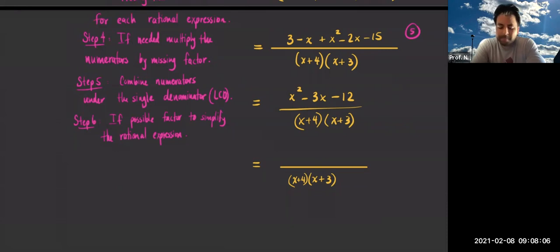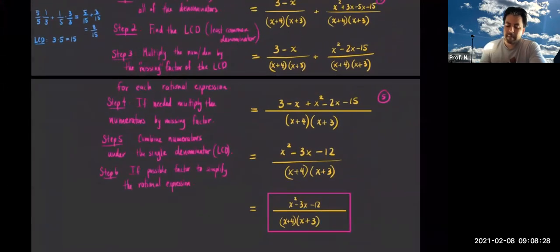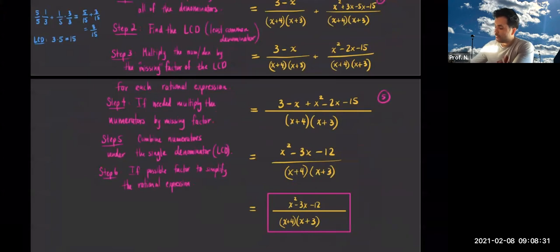So it looks like you can't, right? There are no two numbers that multiply to negative 12 and add to negative 3. So if that's the case, we just leave it. There is nothing we can do. So this is the final result. Okay. Make sense?